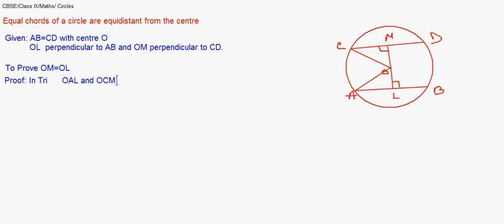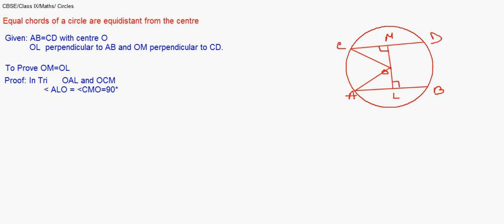What do we get? Angle ALO will be equal to angle CMO. They both are 90 degrees because we had already drawn them to be perpendicular to those two chords.